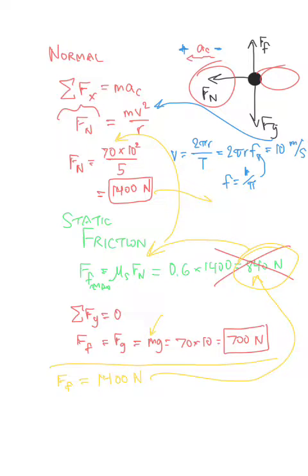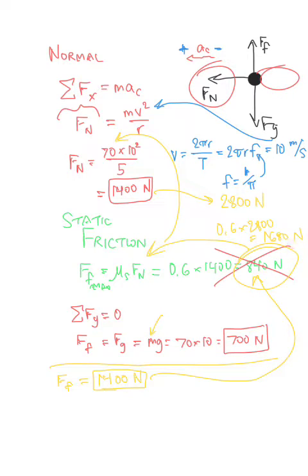You can see this number right here would now turn into 2,800 newtons, which means that the maximum frictional force, when you do 0.6 times 2,800 newtons for the new normal force, you would get an answer that is double this number right here, which is 1,680 newtons.